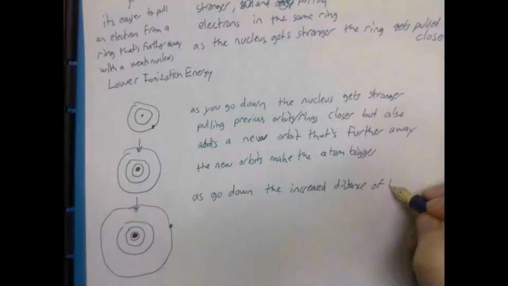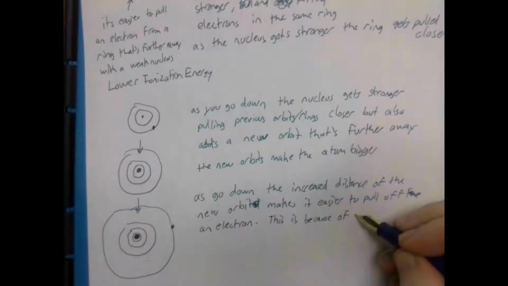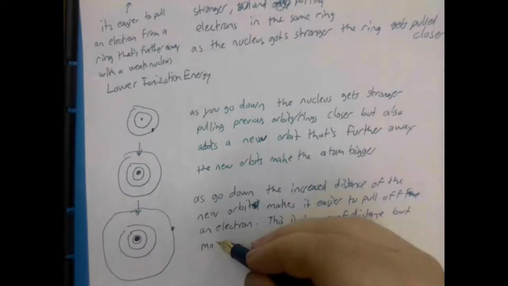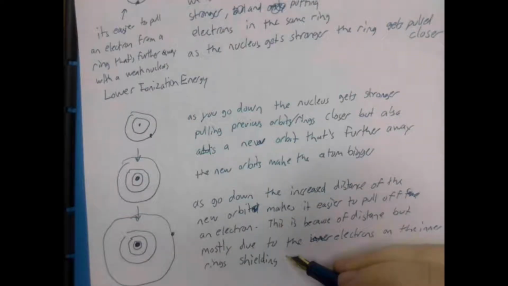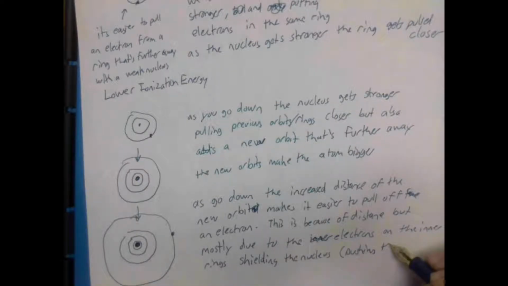This is because of distance, but mostly due to the electrons on the inner rings shielding the nucleus, meaning pushing the outer ring away.